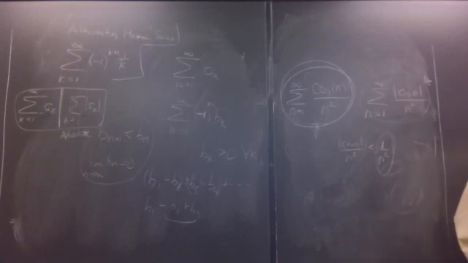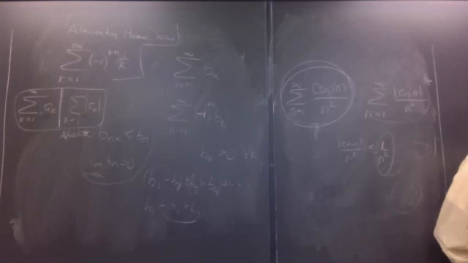So that comparison test, or the limit comparison test that we had last week, you have to have a second series you know about to use those tests to find out whether a given series is convergent or divergent. And maybe we don't know a comparison test or series.